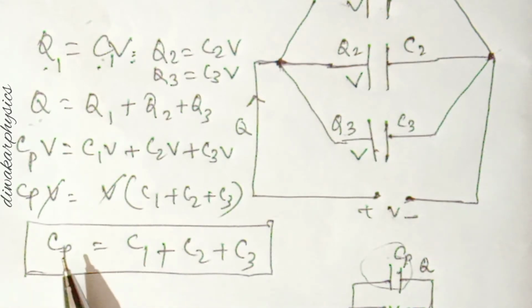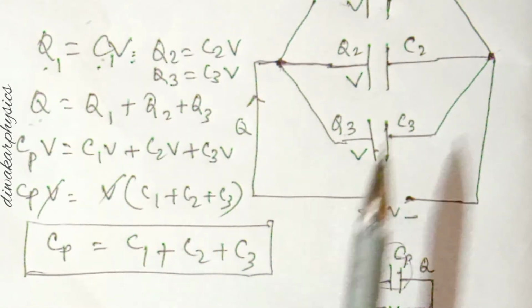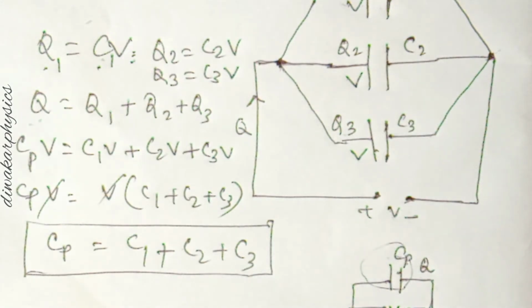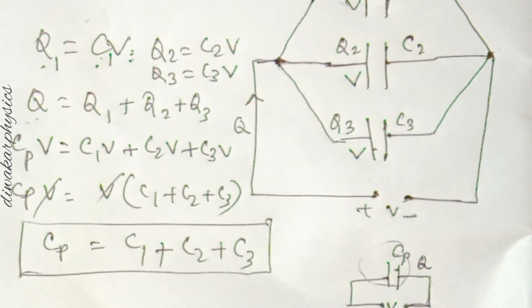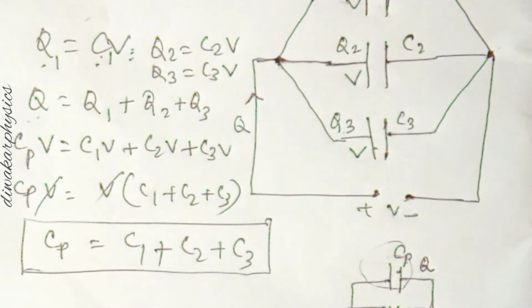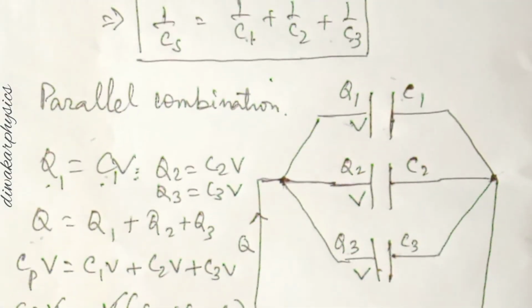That's why CP increases by combining in parallel combination. So this way we can derive the formula and learn it for application in these questions. Now let us see how we will solve when these capacitors are combined in the mixed form.